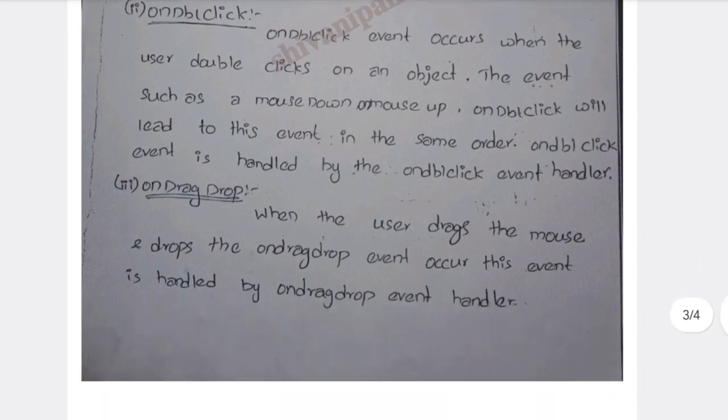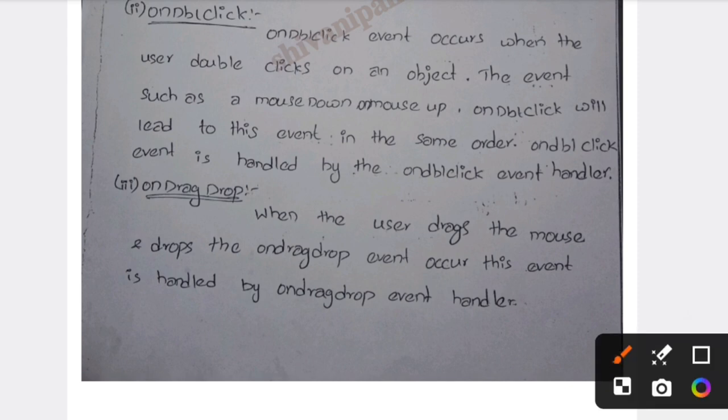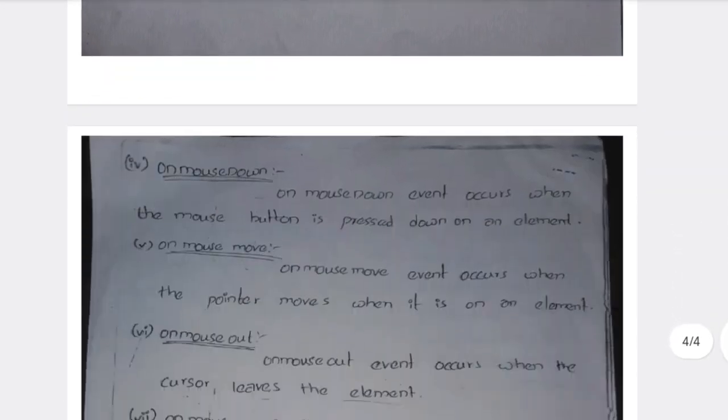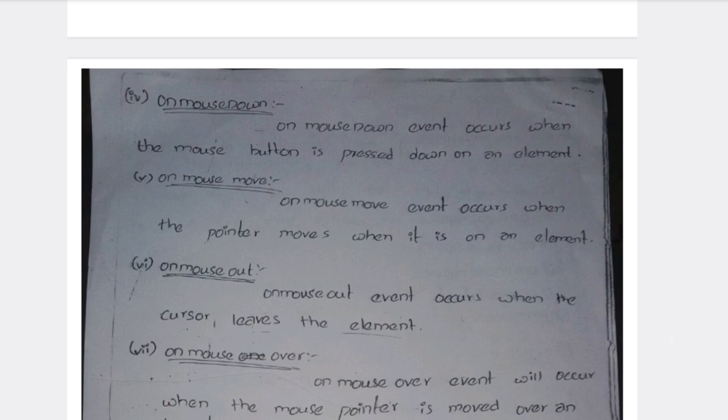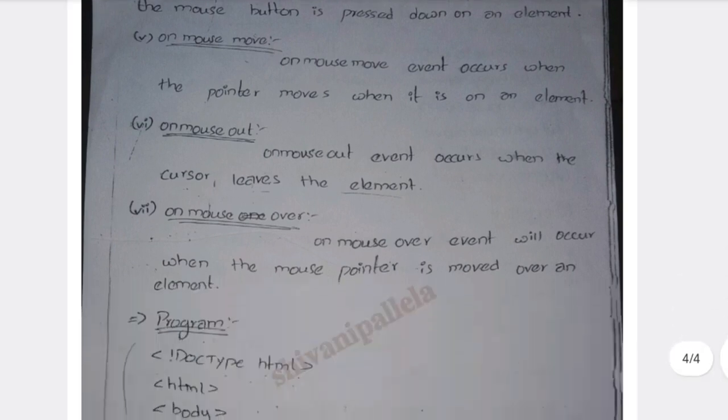On drag and drop is when you drag an element with the mouse cursor and drop it. On mouse down is whenever you press down on any element. On mouse move is when you move the pointer. On mouse out is when the cursor leaves the element.